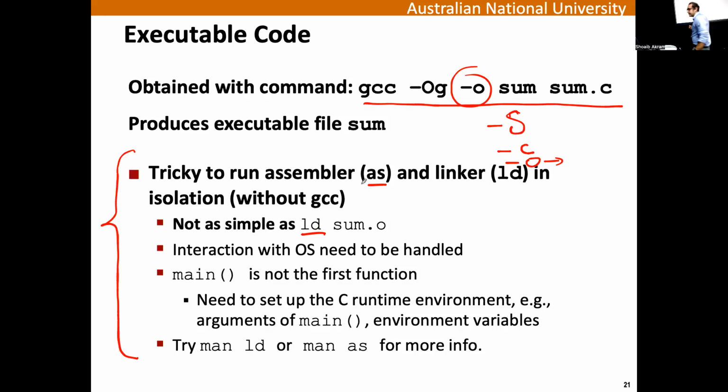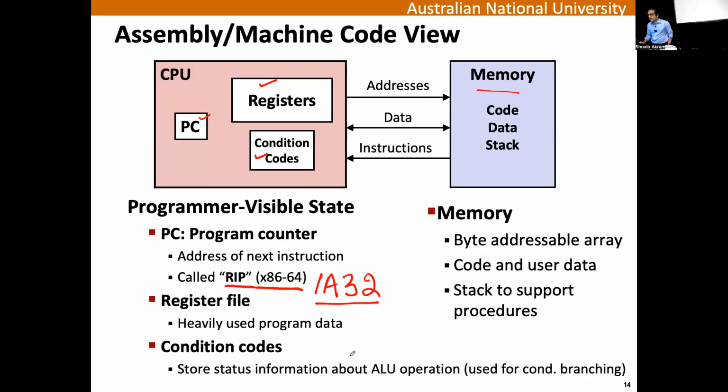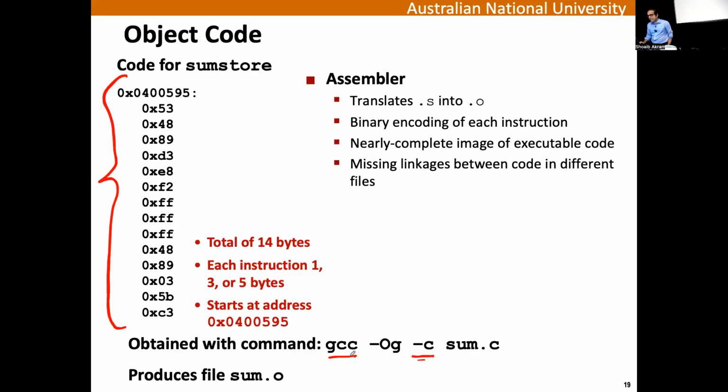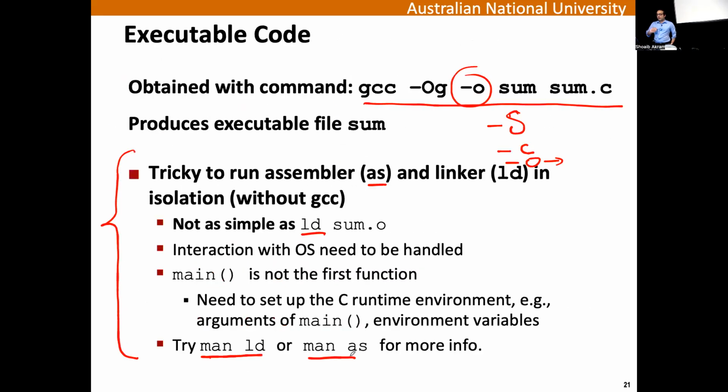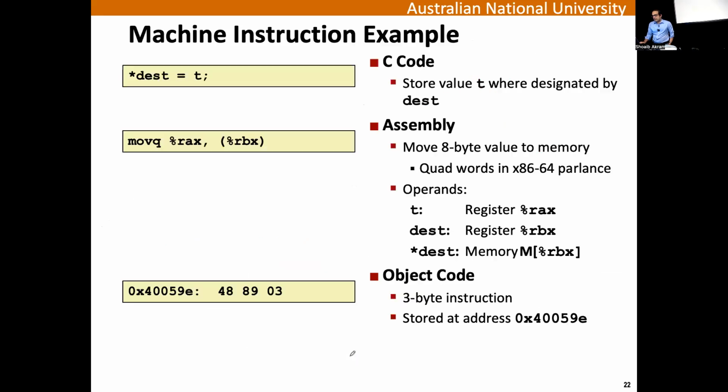If you're really interested, you can look at the manual pages, man ld, man as, read a little bit about how to run the linker and assembler in isolation, and try to do these 4 steps separately on your own. But it's a little bit more tricky. Okay.